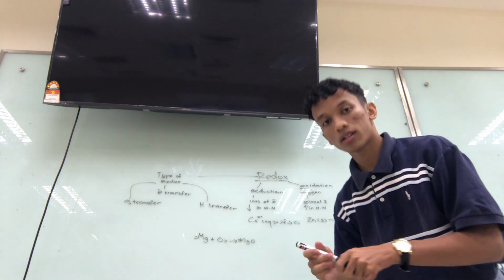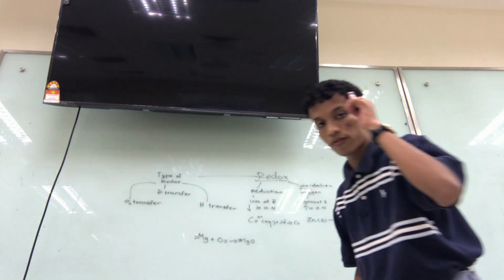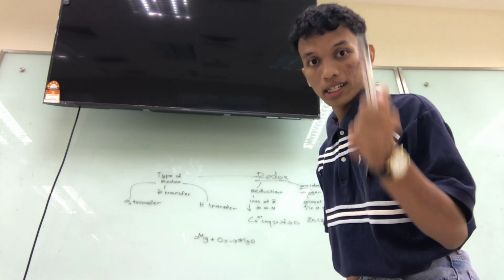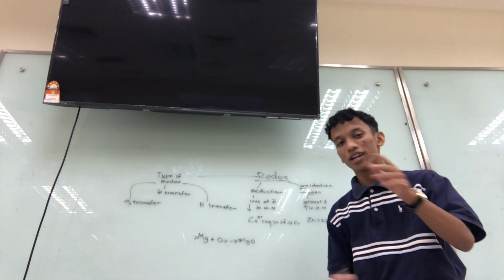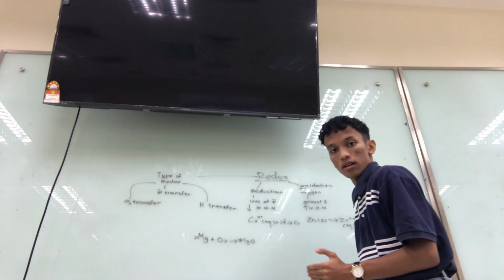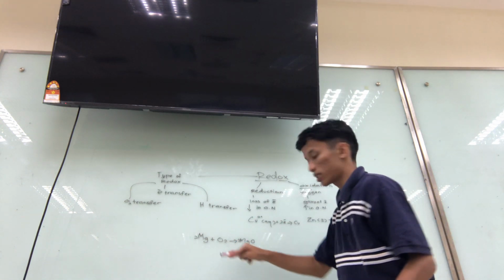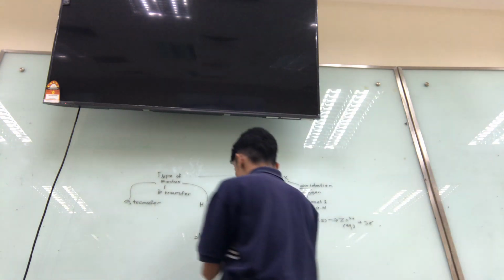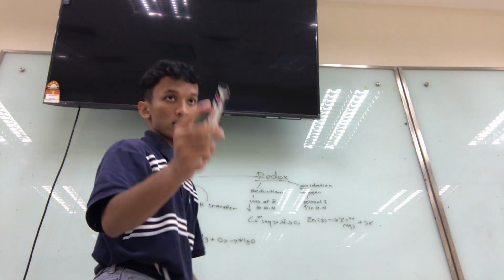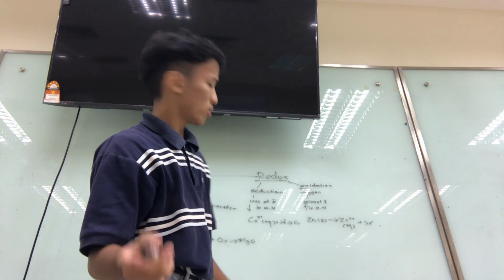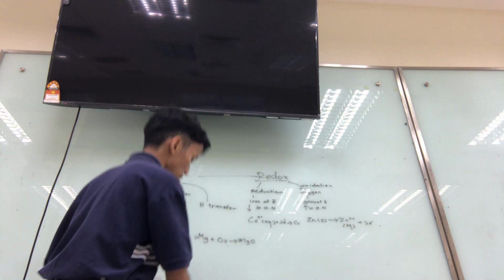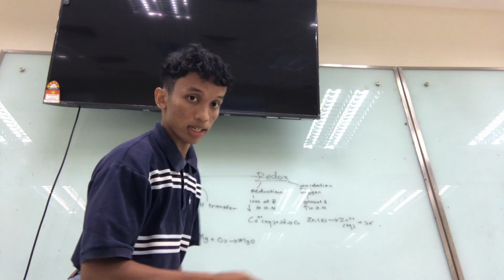So, we know that magnesium is oxidized, by oxygen itself. Oxygen here is what we call the oxidizing agent. Meanwhile, the magnesium is going to be the reducing agent.